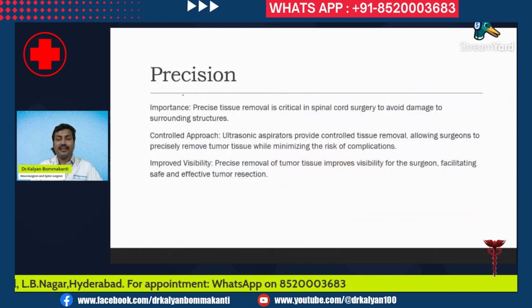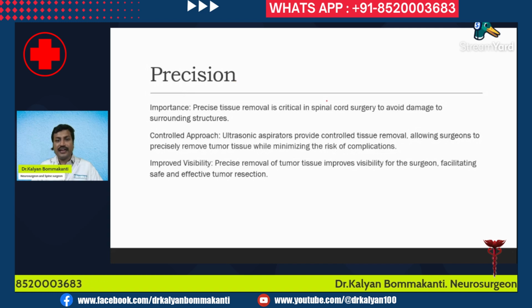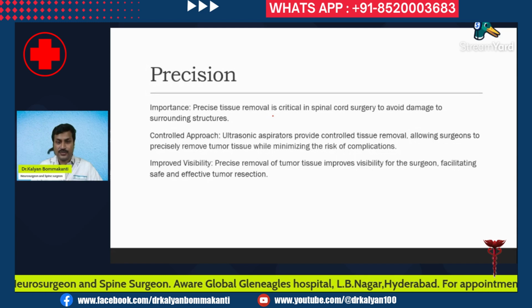Precision. Because the probe of the ultrasonic aspirator is very sleek, it can help in precise tissue removal, which is critical in spinal cord surgery to avoid damage to surrounding tissues.